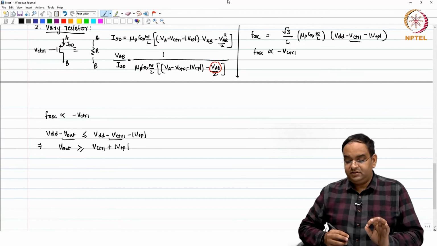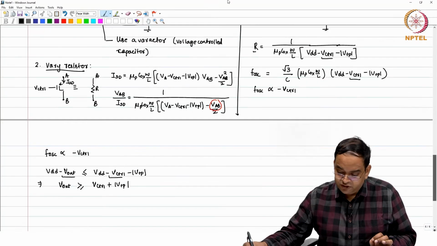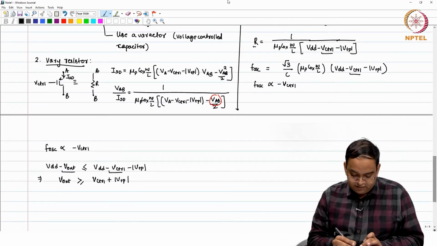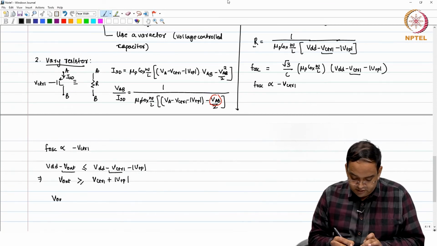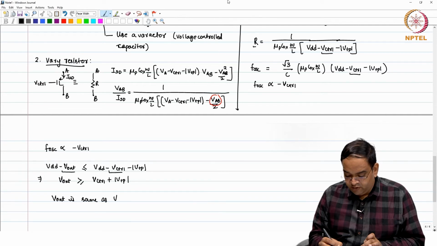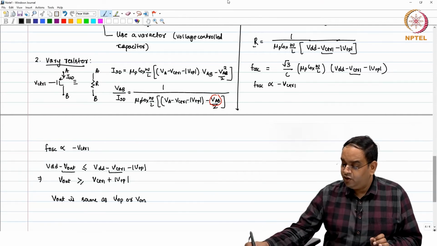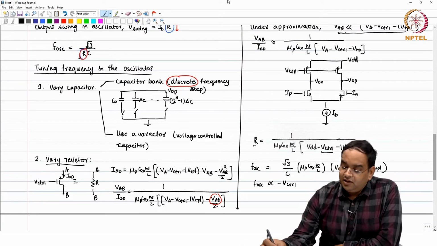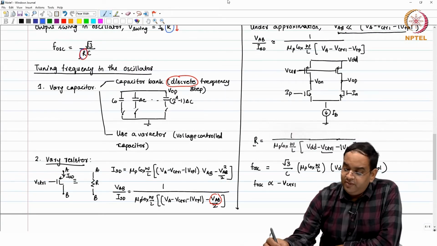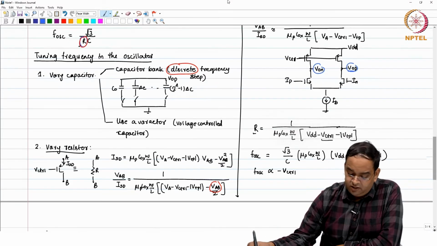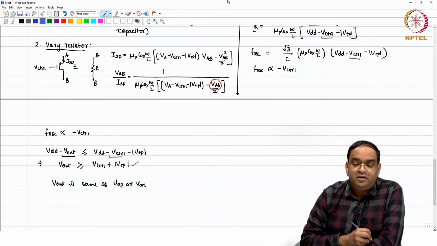Now, this is important. I wrote V out, which is the same as VOP or VON. So, here you come back and you see that there is a lower limit on VOP and VON as per our condition here, right.